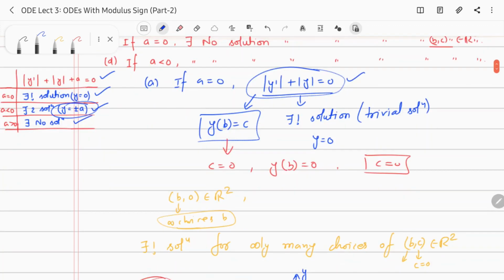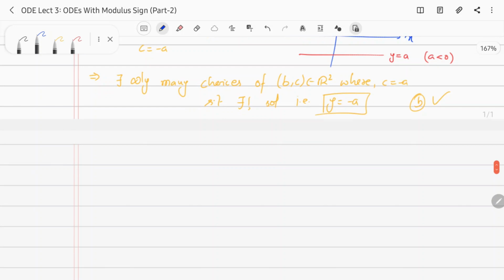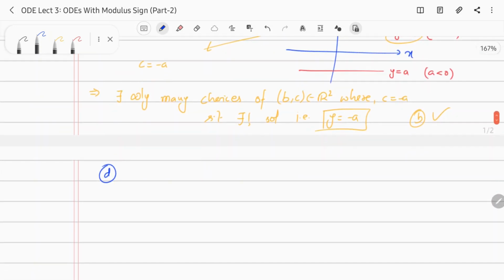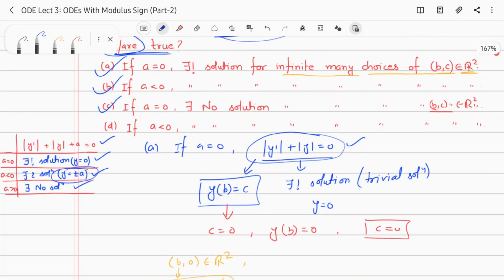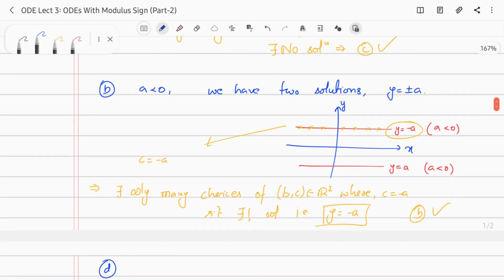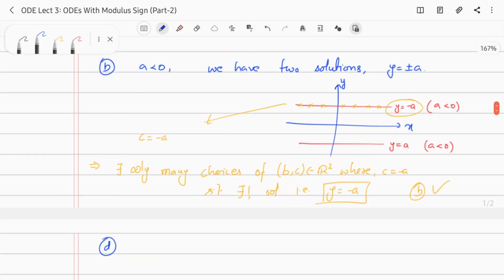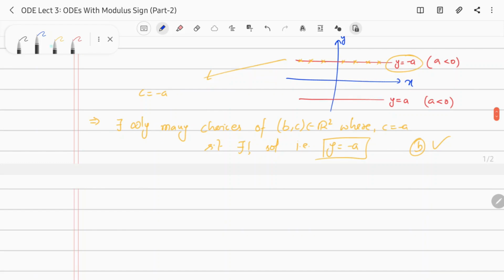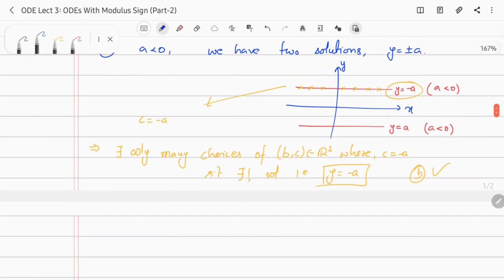Now let us come to option C. Sorry, option D; option C we have already discussed. Option D says that for A less than 0. We have to discuss another part also in option B, because we have just taken the first solution. Now if I take the second solution, here also we can take it, right? But in that case the differential equation will be changed.